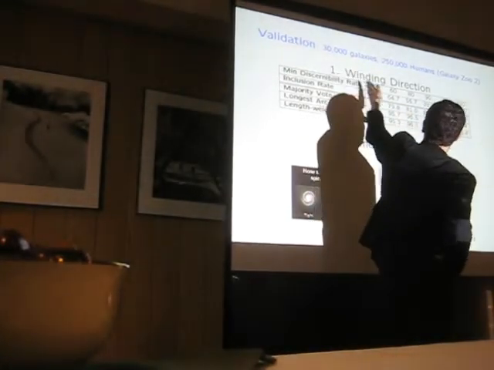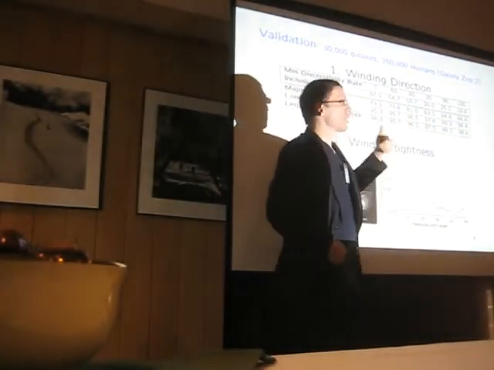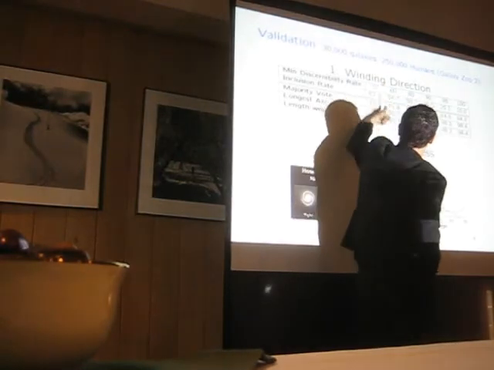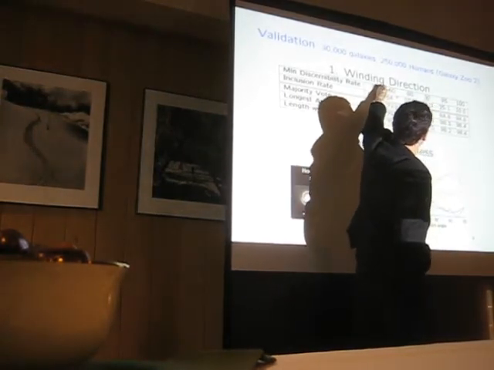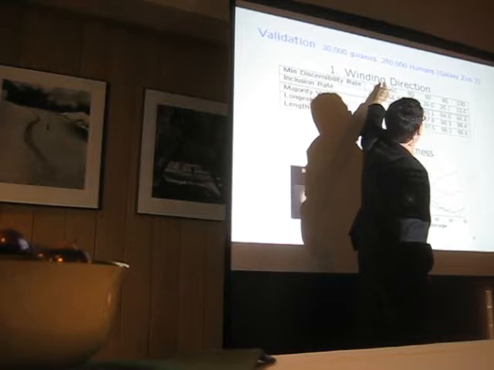As we move to the right in this table, we are looking at increasing agreement among humans. For example, this column represents that the humans only agreed among each other 60% of the time in the winding direction. So this would be galaxies where it was difficult to discern the winding direction.